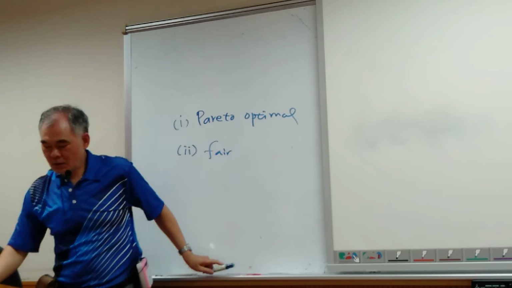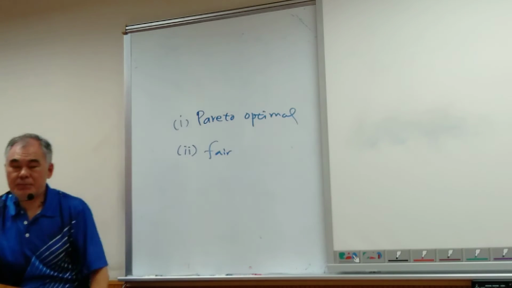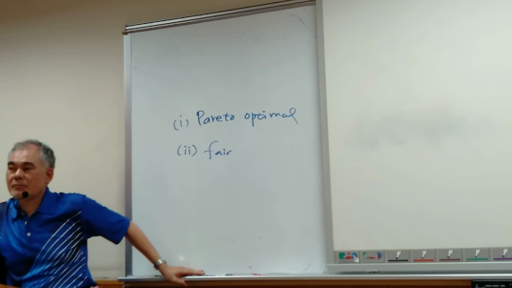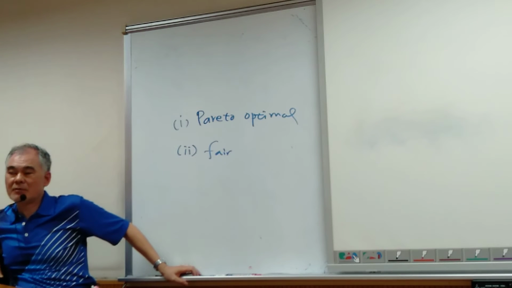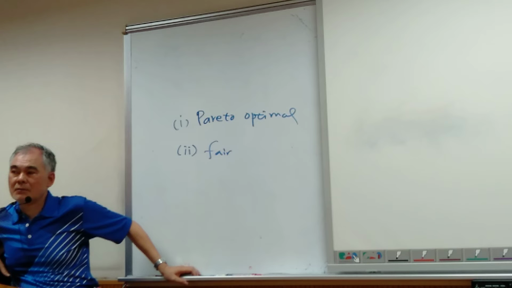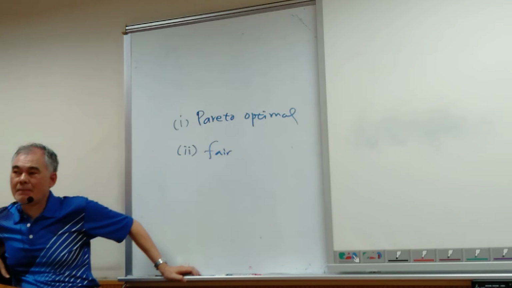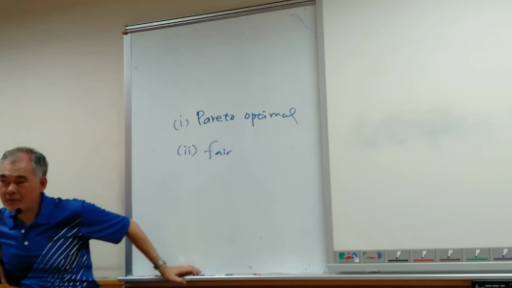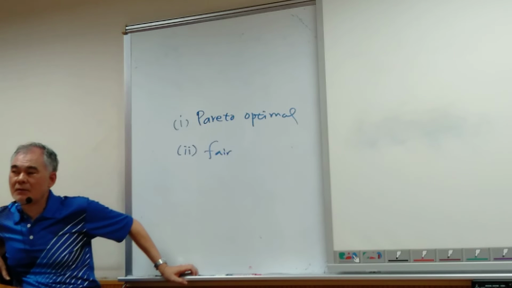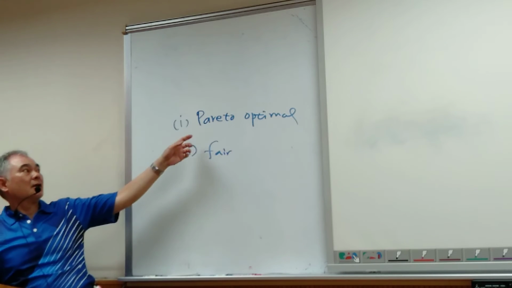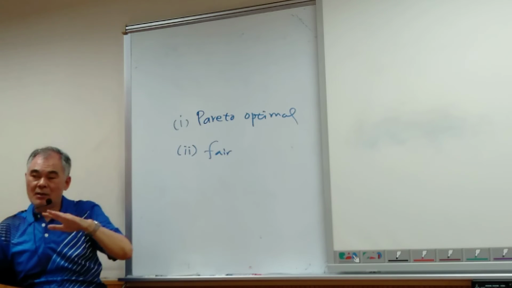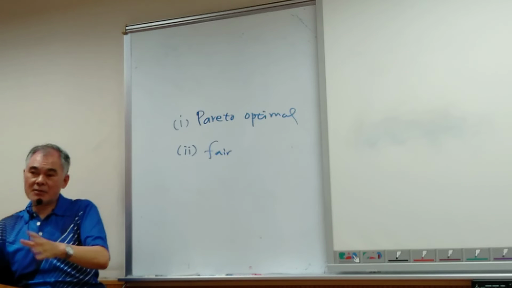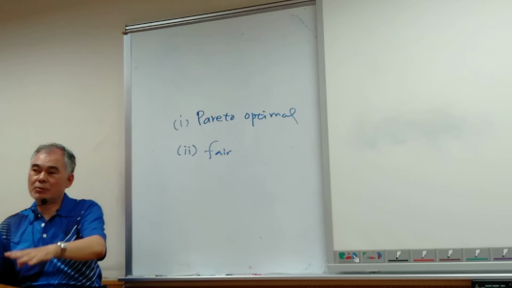Okay, Zheng Yi, what is Pareto optimal? What does that term imply? Basically, when a society is at a Pareto optimum, it means everyone is satisfied with the current situation.